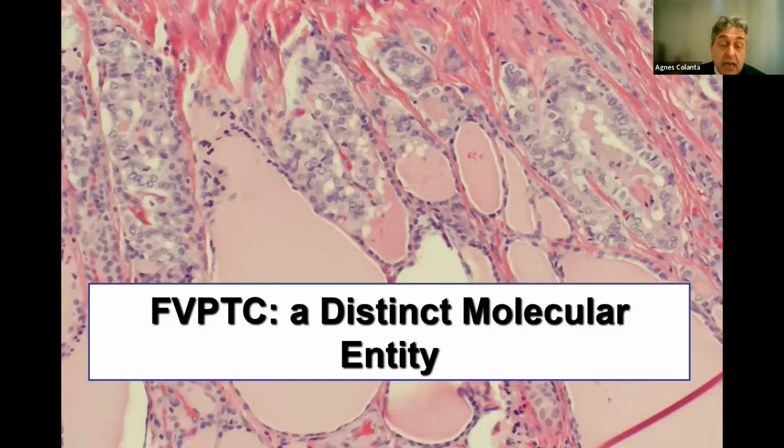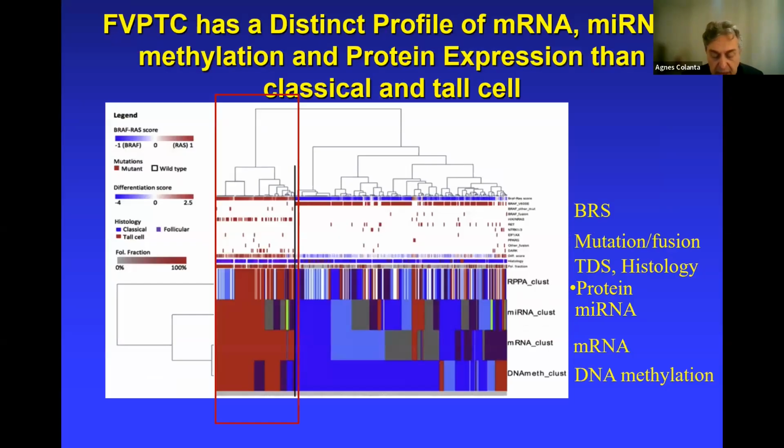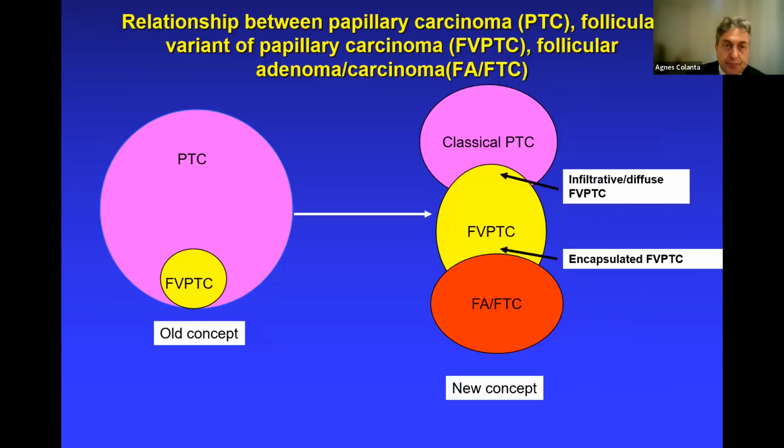This study has shown that the follicular variant as a whole is clearly a distinct molecular entity. You can see here that in almost every platform used, whether it's messenger RNA, microRNA, methylation, or protein expression, the follicular variant of papillary carcinoma has a distinct profile different from classical and tall cell.